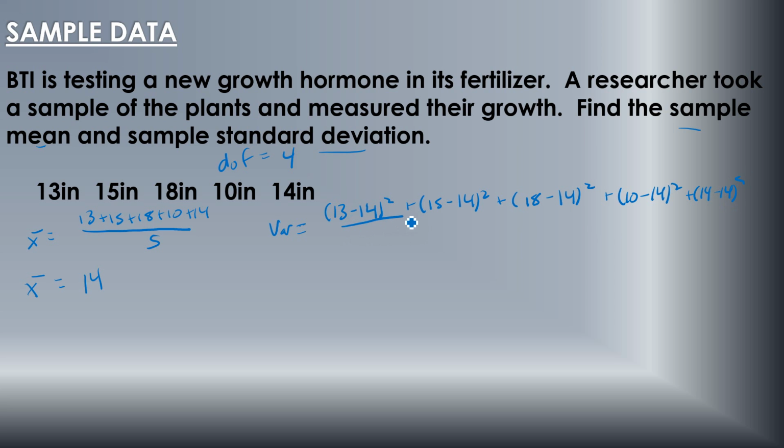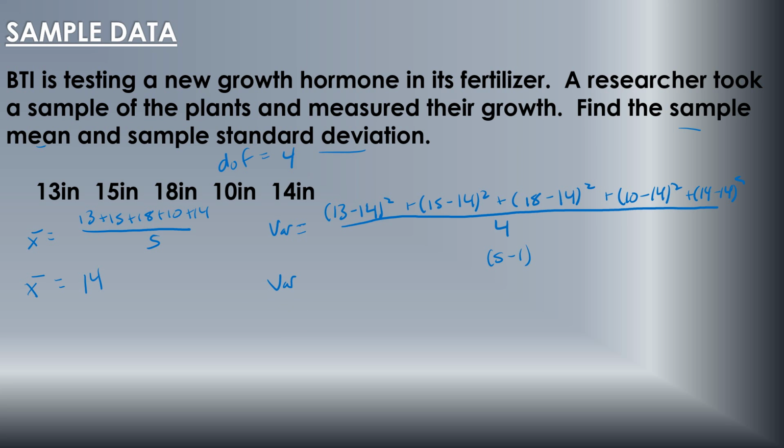And then instead of dividing by 5, which is the number of data I have, I'm going to divide by 4. That would be 5 minus 1. And that's going to give me my variance for the sample. So it's a slightly different formula than what we are used to.